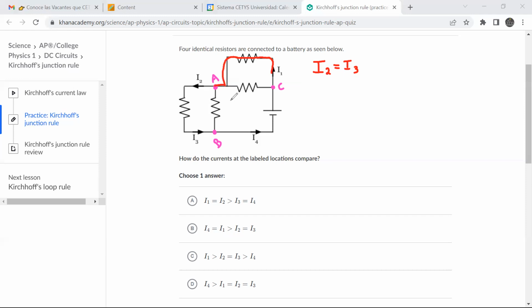So the current doesn't affect if the resistors are parallel or series. What do you mean? To determine the nodes, I was thinking that I2 and I3 are in the middle of two parallel resistors.